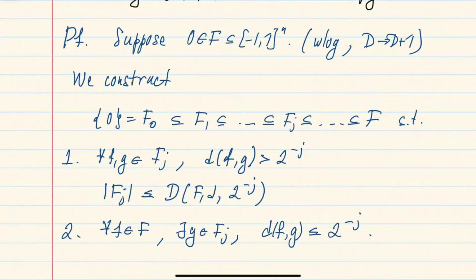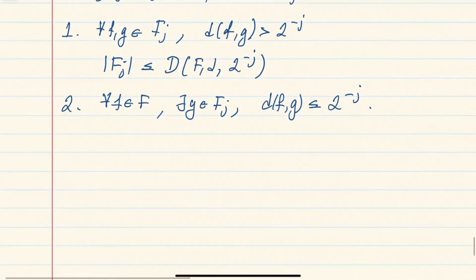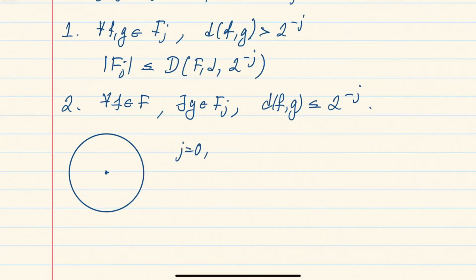And to construct such a sequence of sets, you can just proceed recursively as follows. Okay, so let's look at our set F, and let's start at 0. At the level j equals 0, well, the distance of all the functions from 0 is less than or equal to 1, which is 2 to the minus 0.